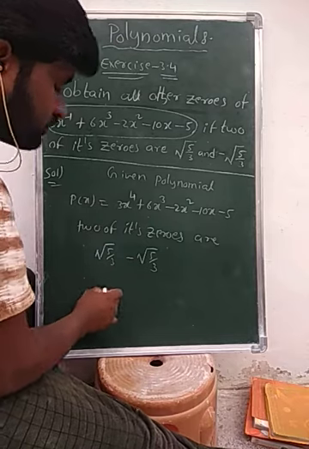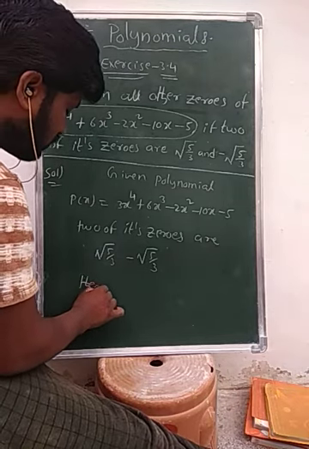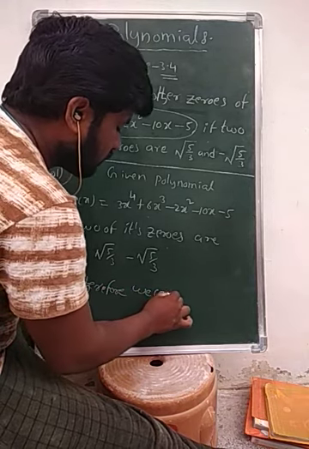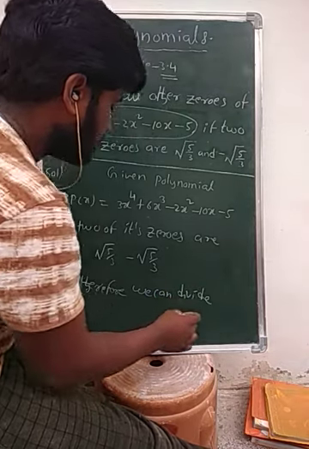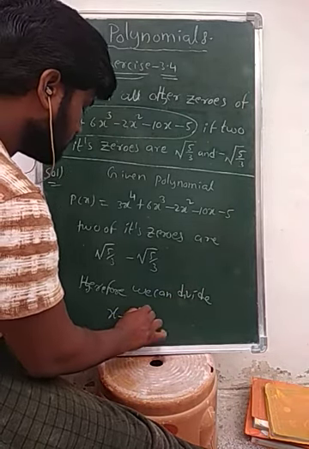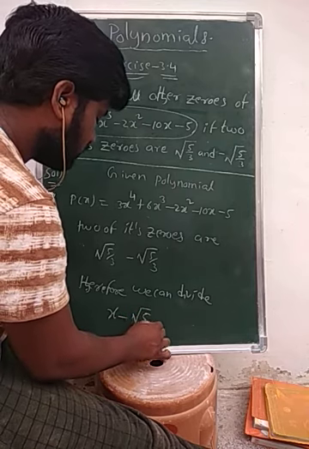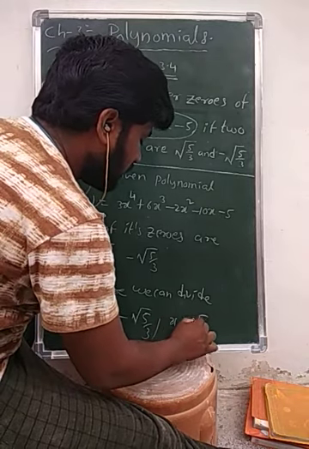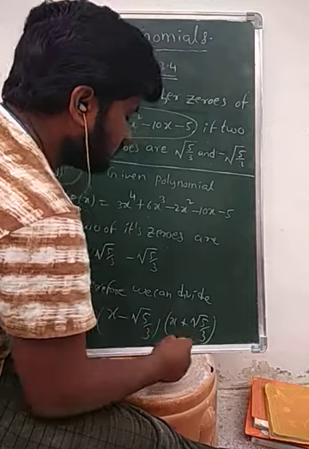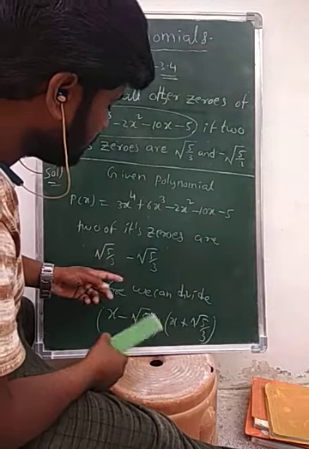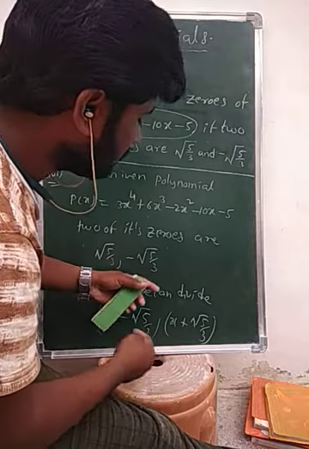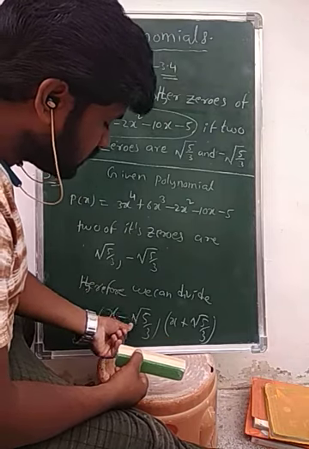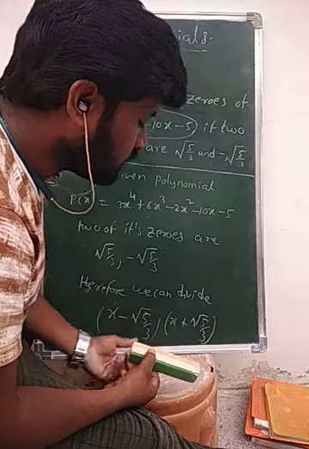So therefore we can divide by x minus root of 5 by 3 into x plus root of 5 by 3, because root of 5 by 3 and minus root of 5 by 3 are zeros. x minus root of 5 by 3 and x plus root of 5 by 3, these two are factors.